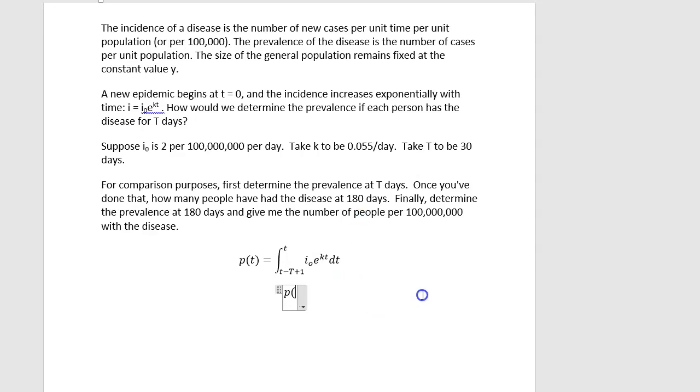So P of t is just going to be I naught over k times e to the kt minus e to the k times (t minus 30 plus 1).